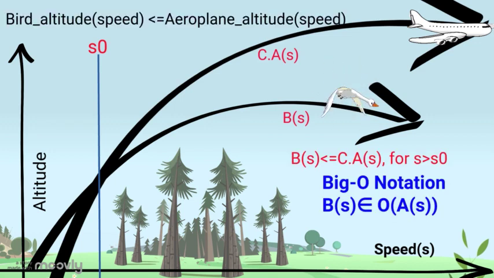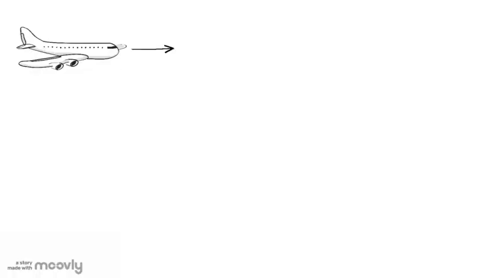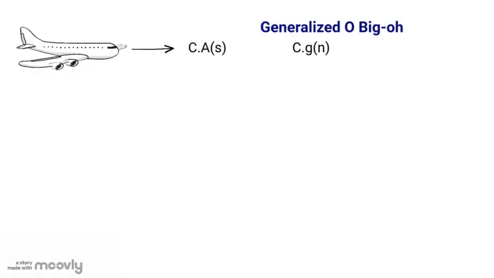Once you understand that the altitude of the aeroplane is always higher than the altitude of the bird, this can be mapped to the corresponding Big O notation using the functions g of n and f of n. Instead of A of S, which is the altitude of the aeroplane with respect to speed, similarly we can get the reference function g of n, where g is a function which represents the time complexity of that function with respect to the input n.